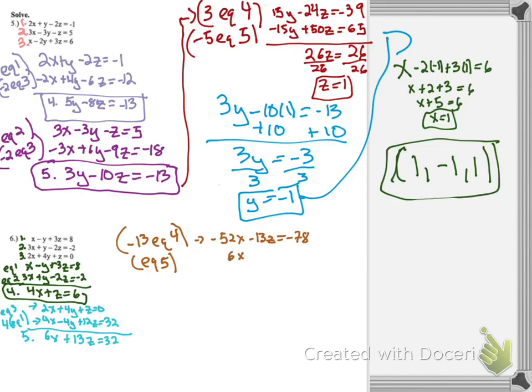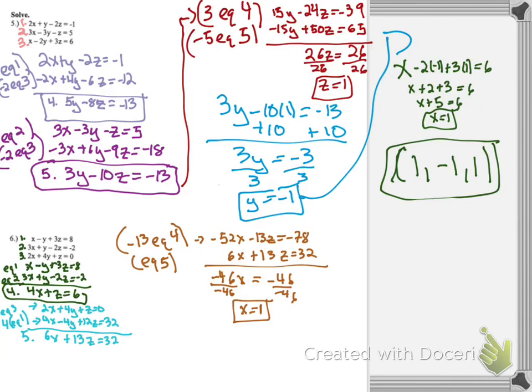Then we have 6x plus 13z equals 32. Combine like terms. We add down, we get negative 46x equals negative 46. Divide by negative 46, and you can see that our x value is going to be 1.